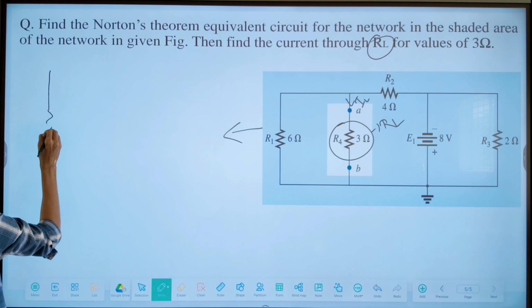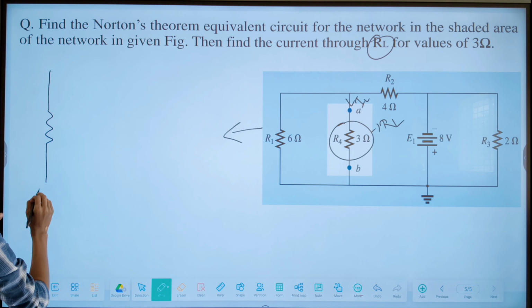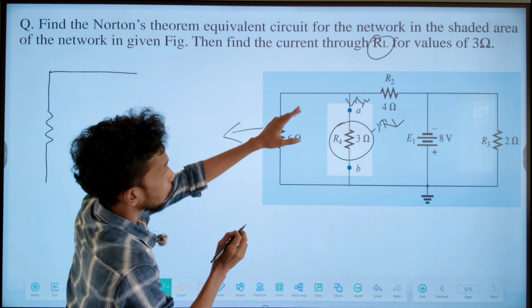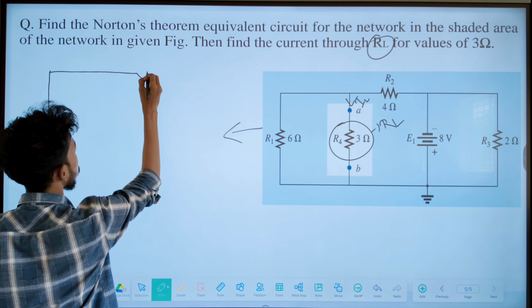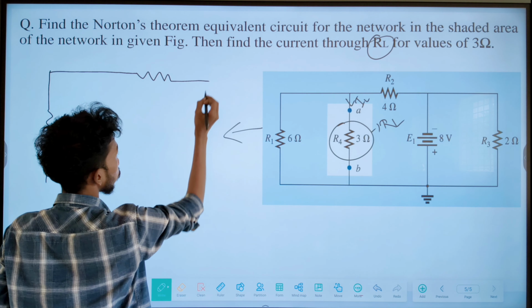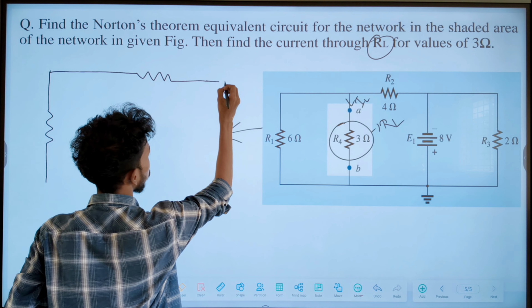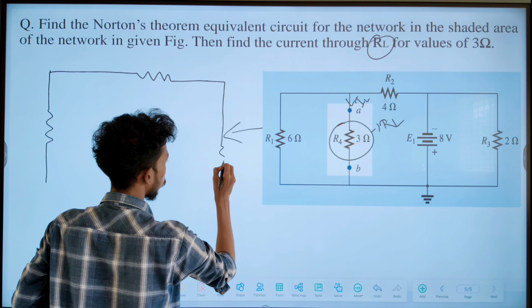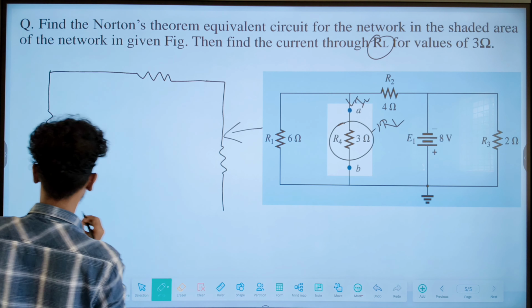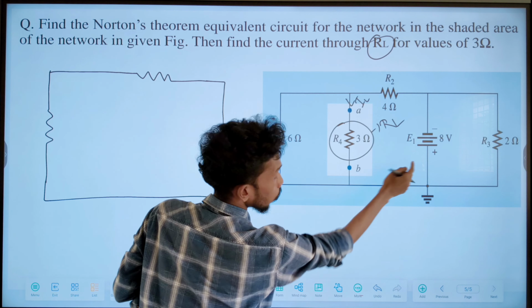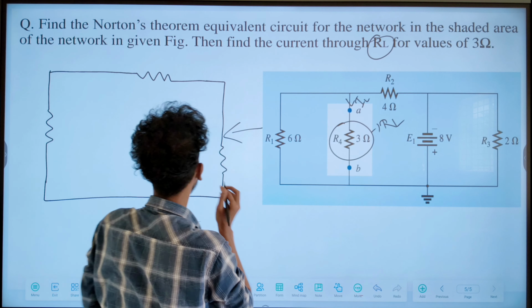So this is our one resistance. Then this is our another resistance. Then lastly a 2 ohm resistance is also present. This is our 2 ohm resistance. Then one battery source is also present, that is an 8 volt battery source.